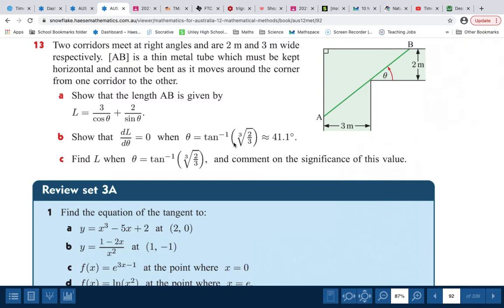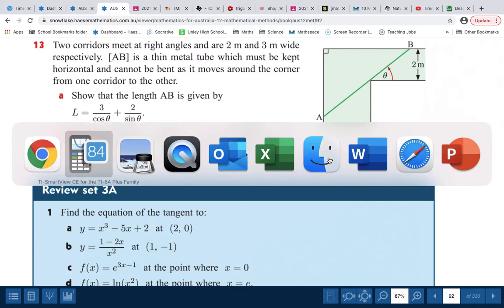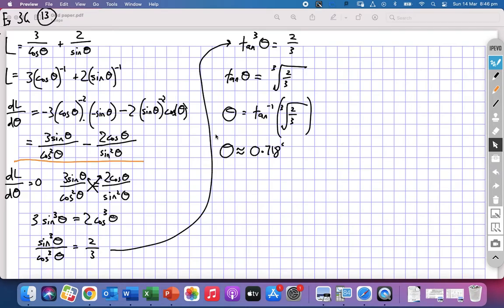Oh, they've got the whole expression there. So we've done it. We've shown that. Find L when we want to know what the length is. Comment on the significance. I think because it's optimization, we might draw the sine diagram as well. We want to be in the habit of doing that.